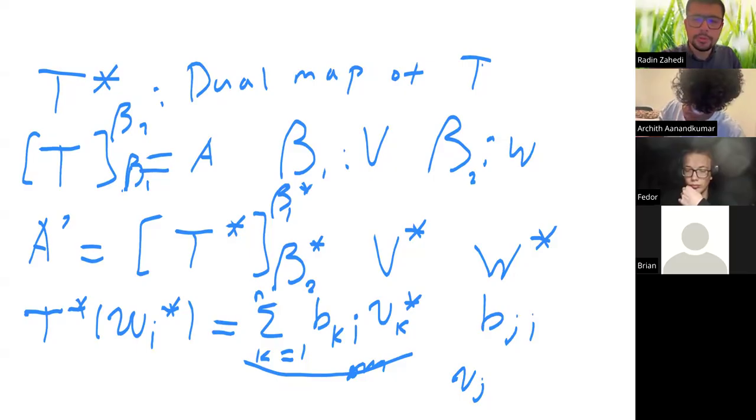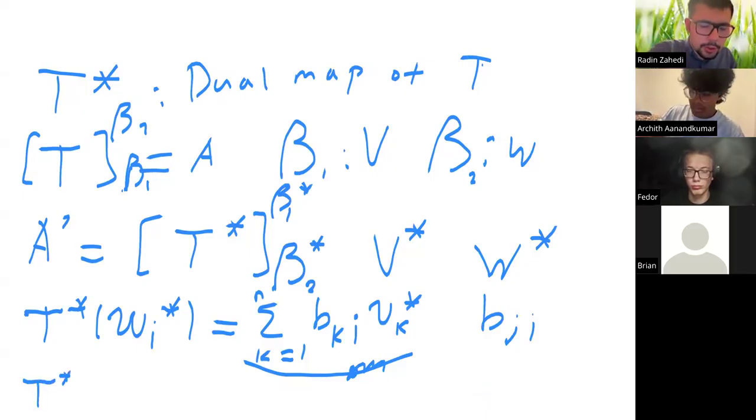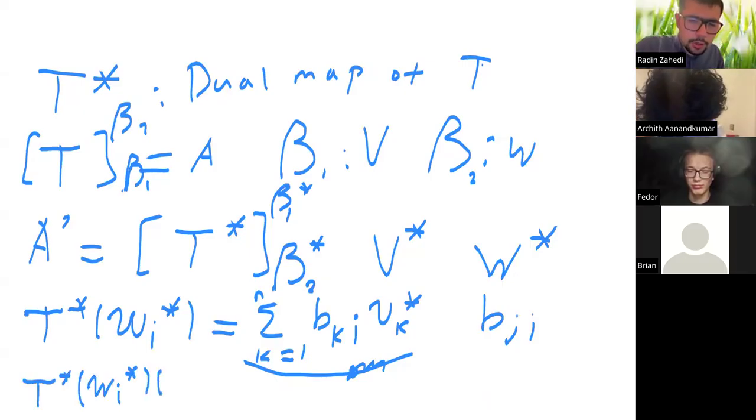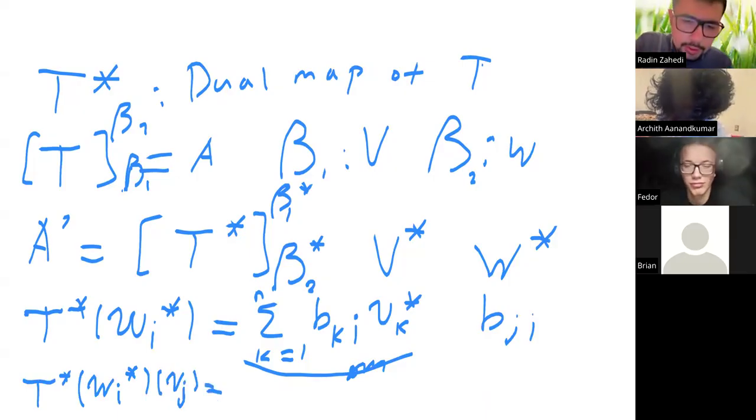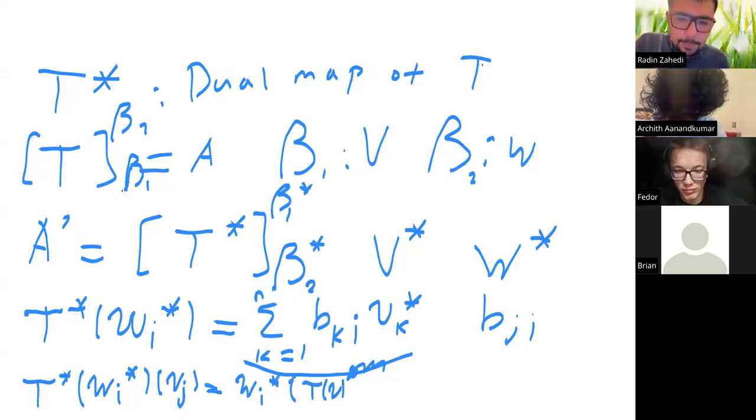So I compute T star of Wi star of Vj, which by definition is Wi star of T of Vj.